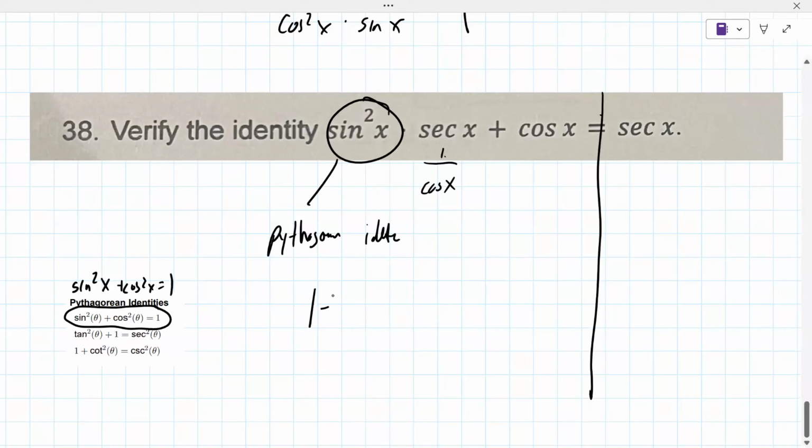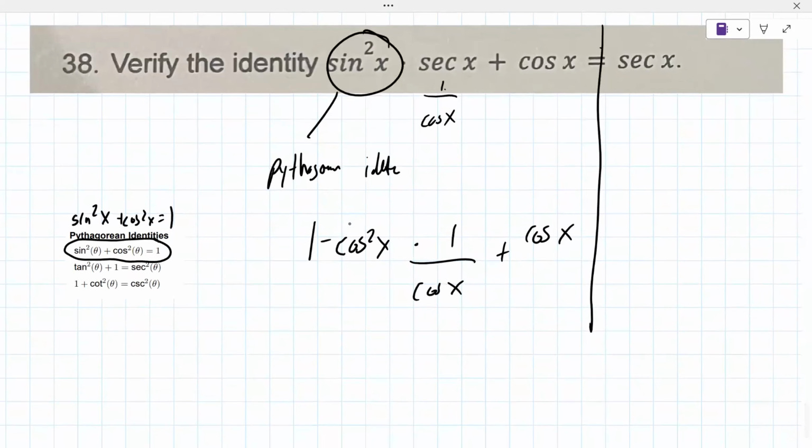So sine squared x is 1 minus cosine squared x times 1 over cosine x plus cosine x. Is that okay so far? Yeah. All right, so now we're gonna slide this cosine x underneath both of these. So it's 1 over cosine x minus cosine squared x over cosine x plus cosine x.